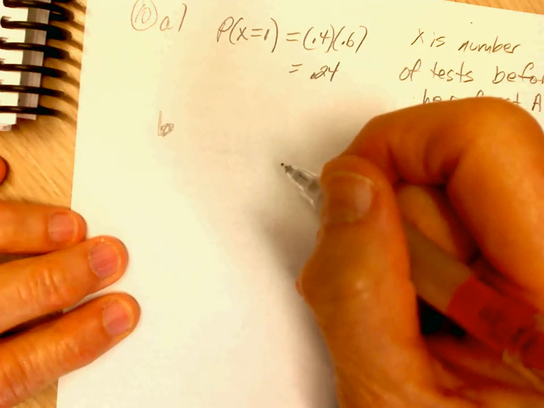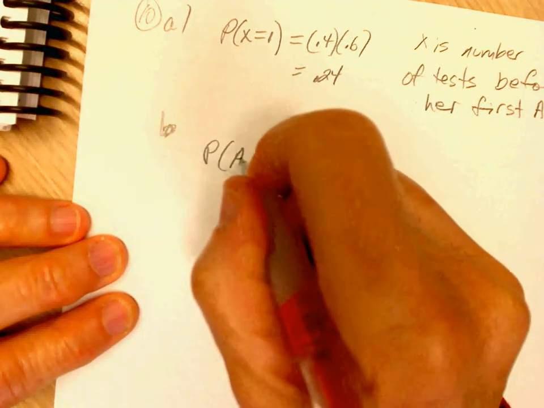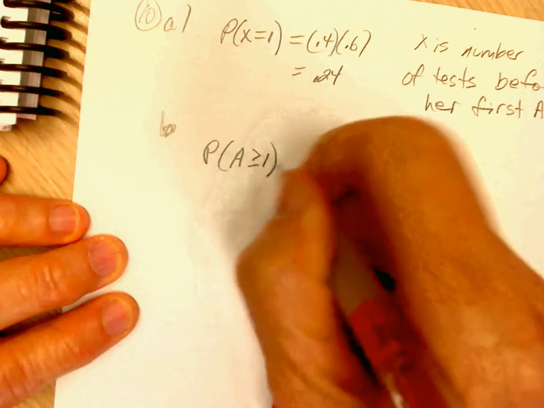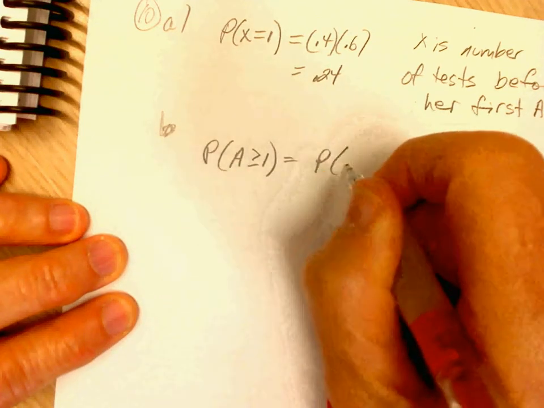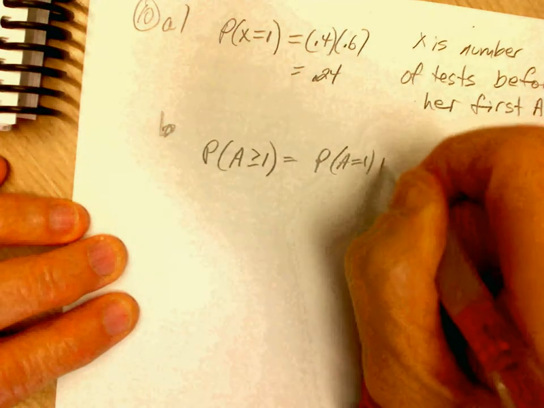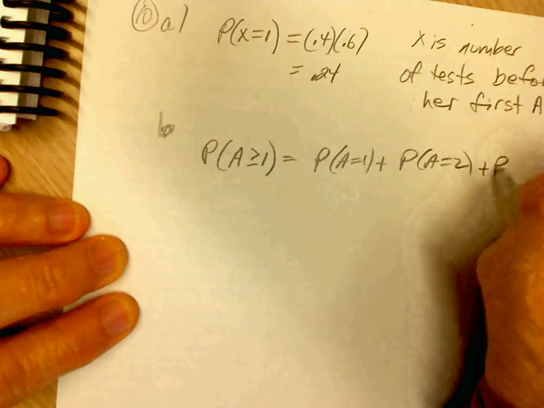Yeah. So probability, we'll say A is greater than or equal to 1 is equal to the probability of A equals 1 plus probability of A equals 2 plus probability of A equals 3.